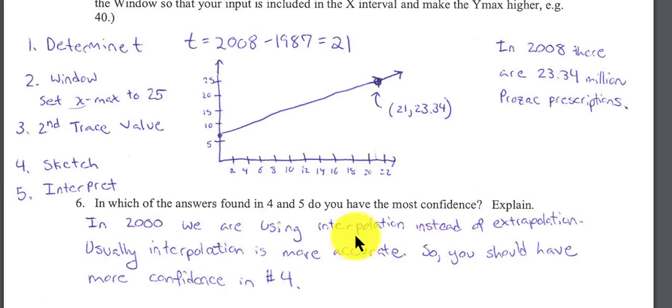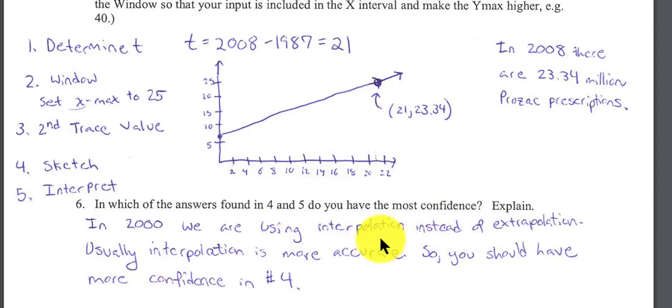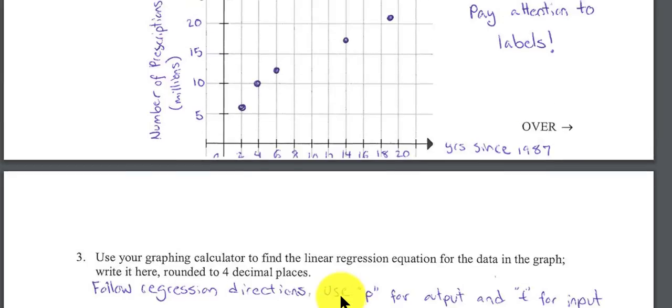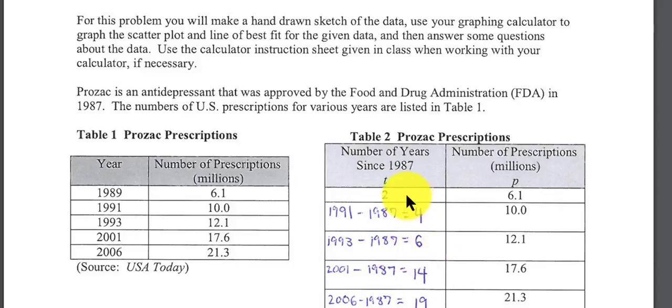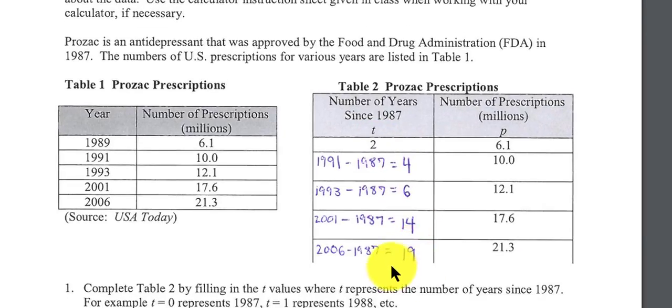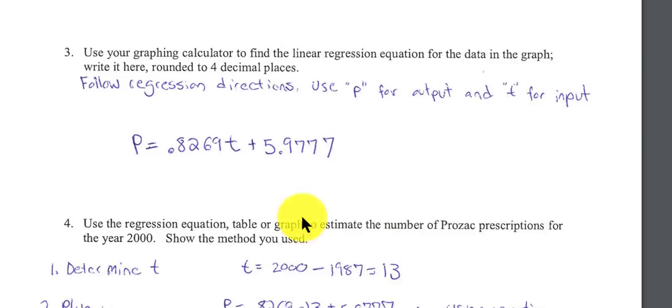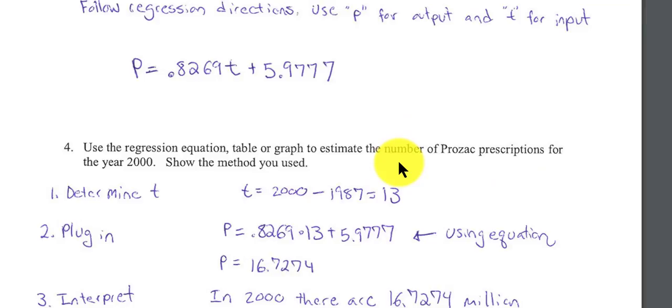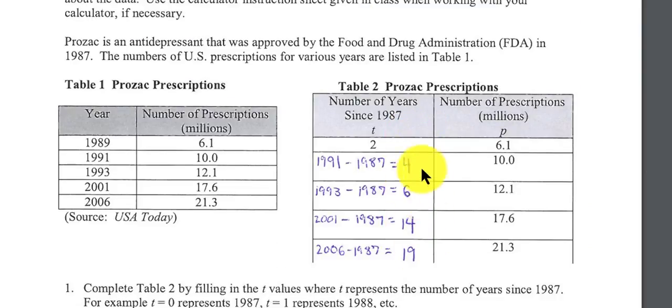Number 6, which is more reliable? Well, in number 4, our T was 13. In number 5, our T was 21. So 13 is in between our 2 and 19, right? 21 was past 19, right? So for the answer in question 4, this is an example of interpolation, right? Because 13 is in between our given data, right?